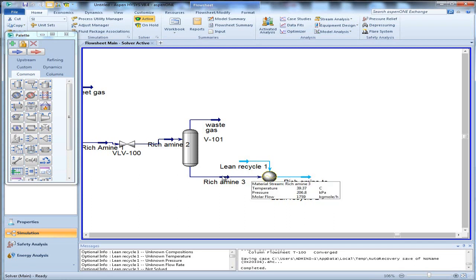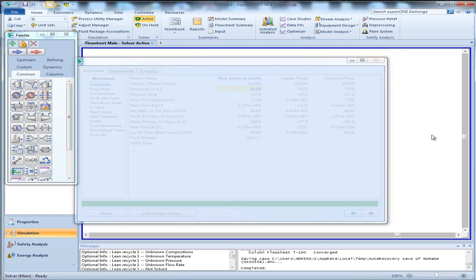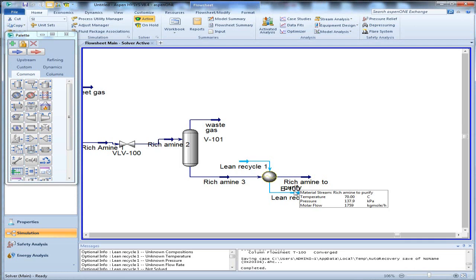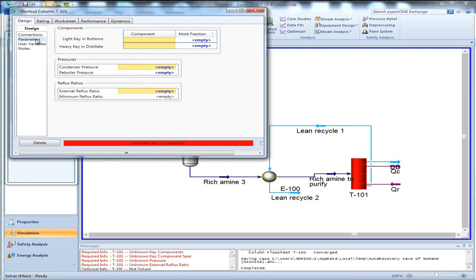Okay. And the temperature here is about 40 degrees Celsius, so we would like to increase it to 70. Okay. Now let's go to the parameters. The light key, of course, is heptane. Heavy key is water. So let's put that as the specification.